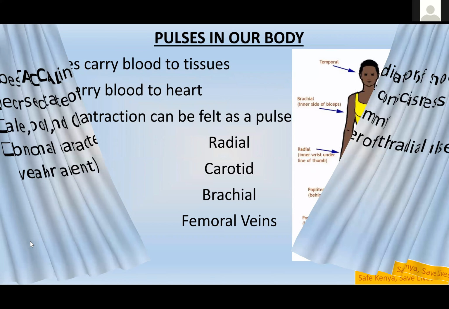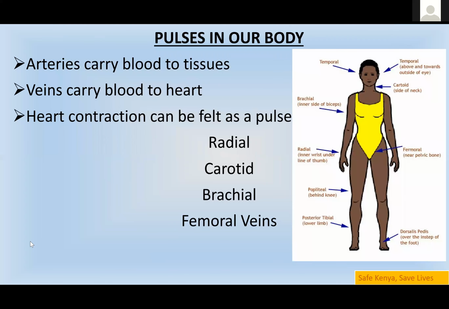So, pulses in our body. The body has arteries, veins, capillaries, all that good stuff. We know where blood comes from, how it rotates through the body, how it gets oxygenated, how it goes through the chambers of the heart. We worry about the pulses with the radial pulses, the carotid pulses, and the femoral pulses. Sometimes we can check the pedal pulses.